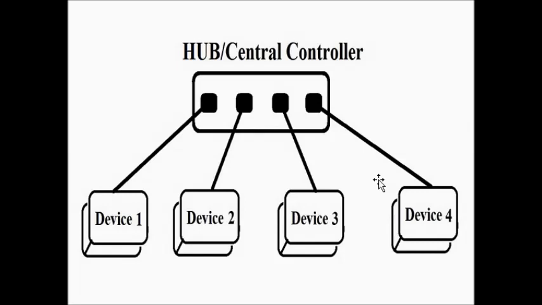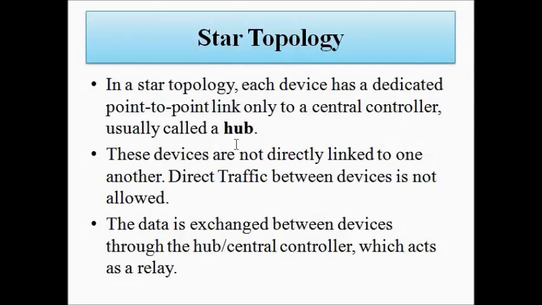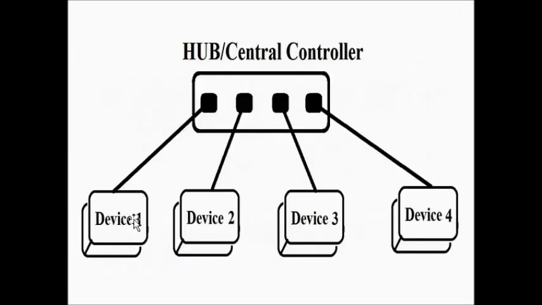Now there can be more devices connected. Here I have taken only 4. These devices, as you can see, are not directly connected to each other. There is no direct connection between device 1 and device 2. Suppose device 1 wants to send some data to device 2, it has to do it through the central hub or controller.